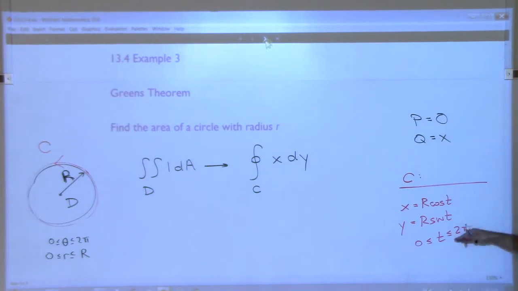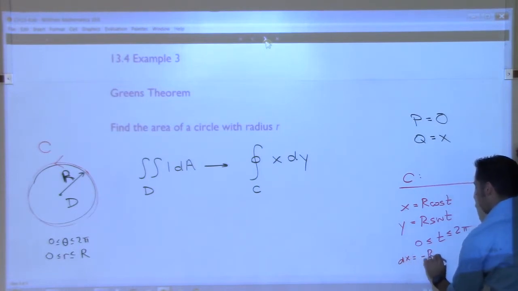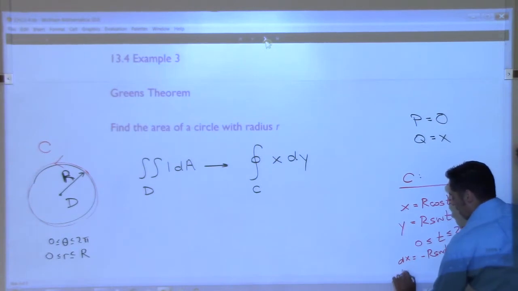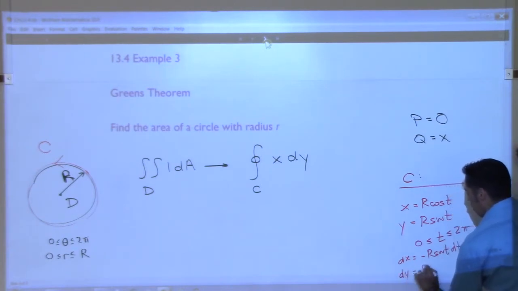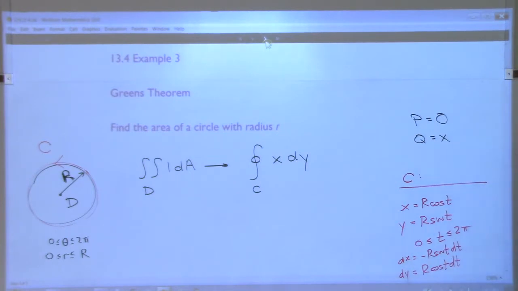And we'll need the derivatives of these also, won't we? So dx is negative capital R sine t dt, and then dy is R cosine t dt. If you don't like the way I'm writing these, you could put the dt underneath the dx or the dy. It's all the same.